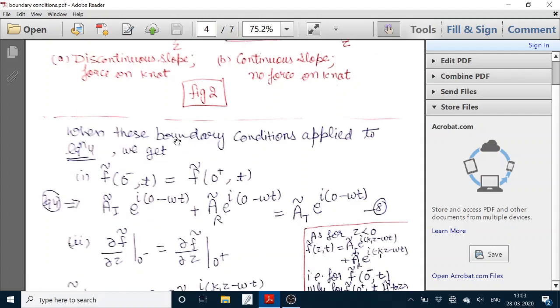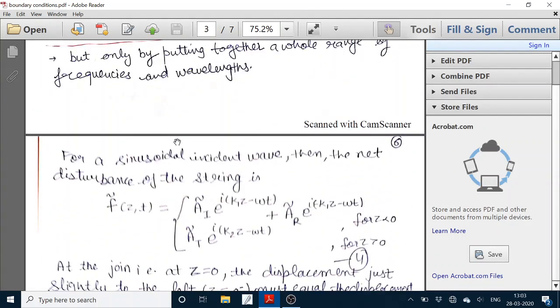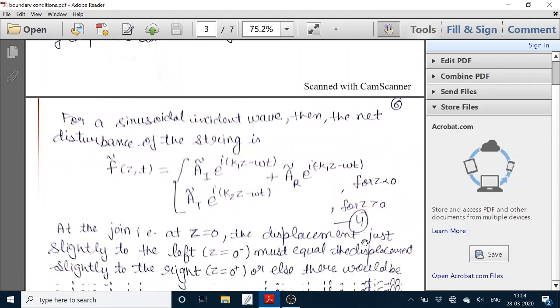So we can see it here. For z less than 0 we have this function, and for z greater than 0 we have this function. On the left hand side limit we take the function for the region z less than 0, and for the right hand side we take the function A_t exp(i(k2 z − ωt)) for the region z greater than 0.